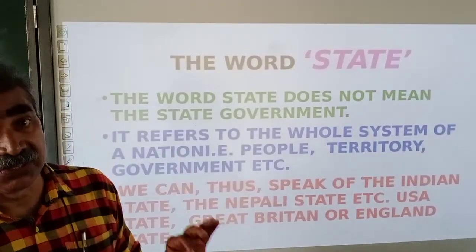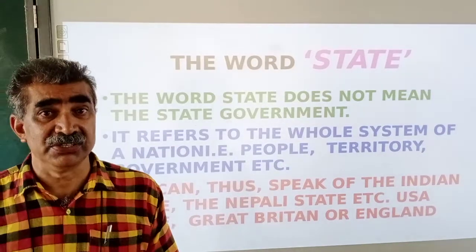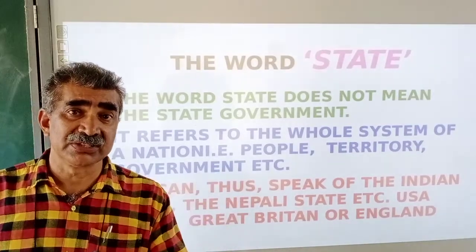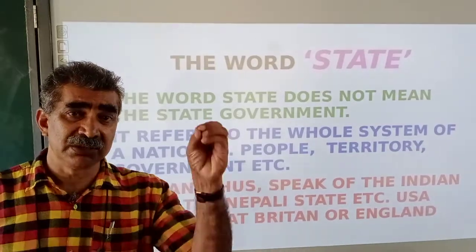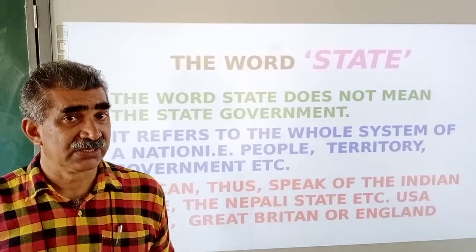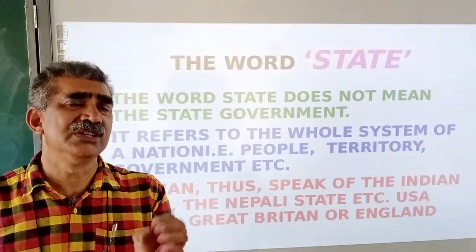India is a state. Nepal is a state. Sri Lanka is a state. United States of America is a state. Iran is a state. France is a state. South Africa is a state. So all those are called states, meaning country. For your understanding, you can call it a nation.